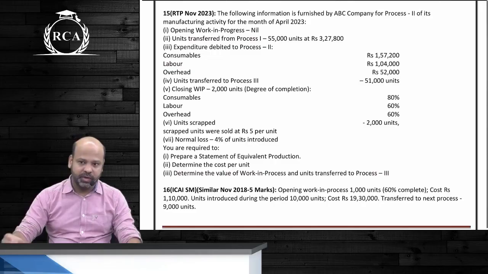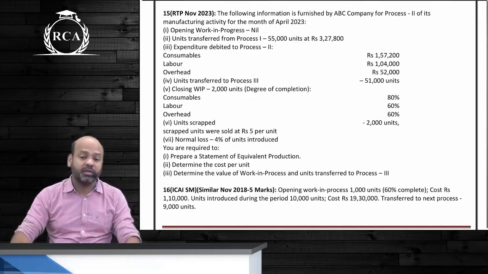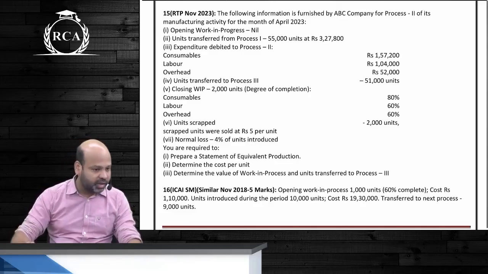Undoubtedly in the subsequent processes there will be additional materials that are added. In case the degree of completion given for materials is not 100%, it only applies to the materials that are being added in that process. Any input that you're receiving from the previous process will always and always be 100% complete. This is where you will have to divide materials, beta, into two categories. Are we clear about this?